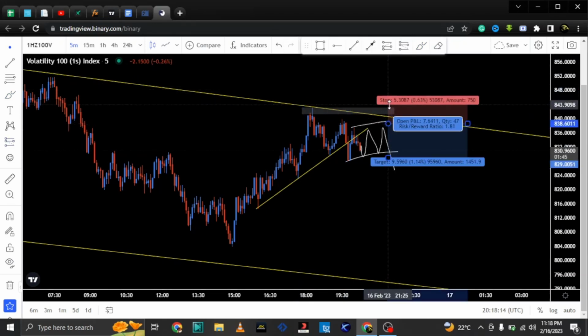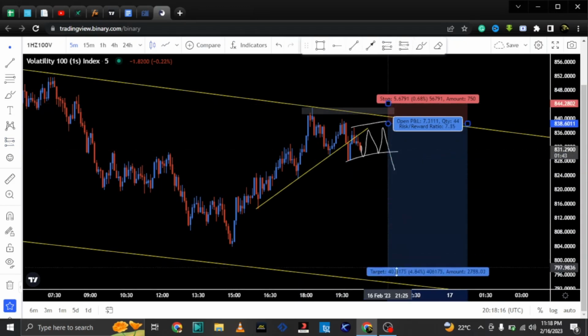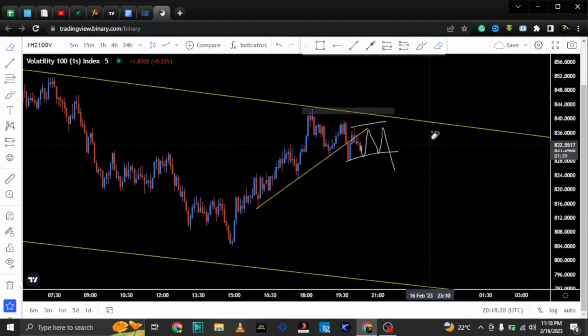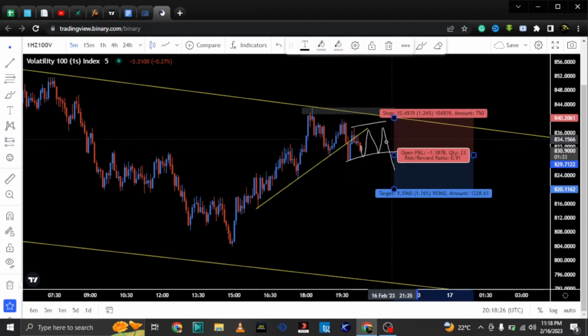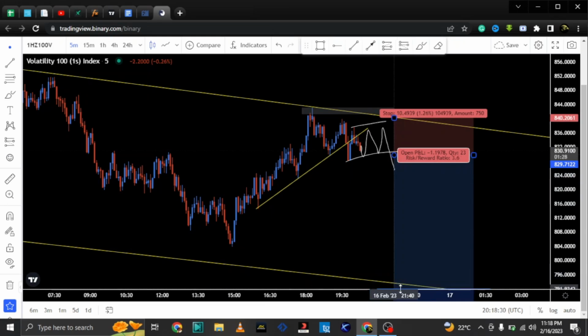Then maybe we can enter here and place our stop loss there. Then we're targeting this thing to the downside, or we can place our entries over here and then place our stop loss just around here. Then once it breaks this level, it tags us in on its way to the downside.